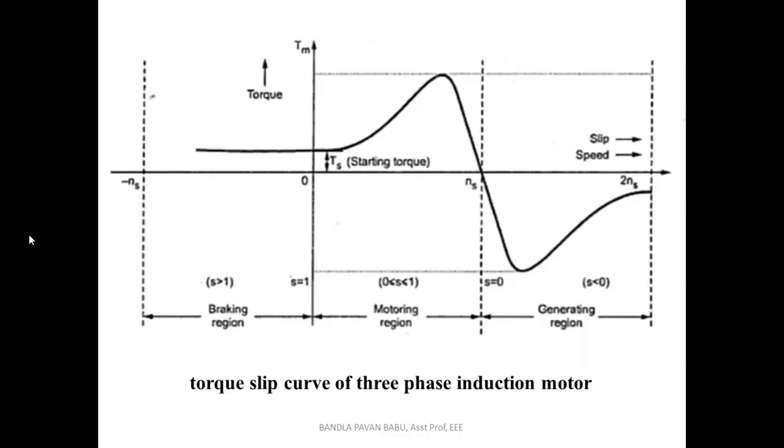But if slip is greater than 1, it is in the braking region. If slip is less than 0, it acts as a generator, that is, it is in generating action. I will give you the important points regarding how it performs in these three cases: motoring action, generating action and braking action.